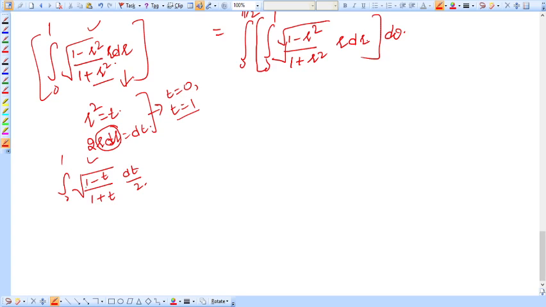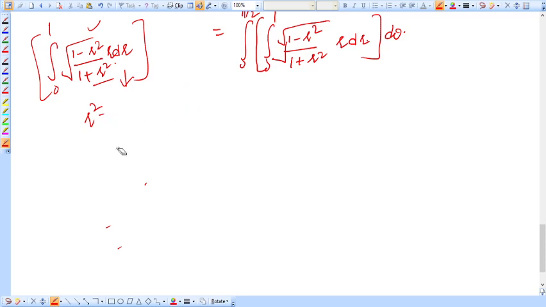Right? So now you have this thing here. One simple thing to integrate this is to put t is equal to cos theta, or write something else, like phi, because t and theta are already there. Okay, one second, you just do one thing here only.